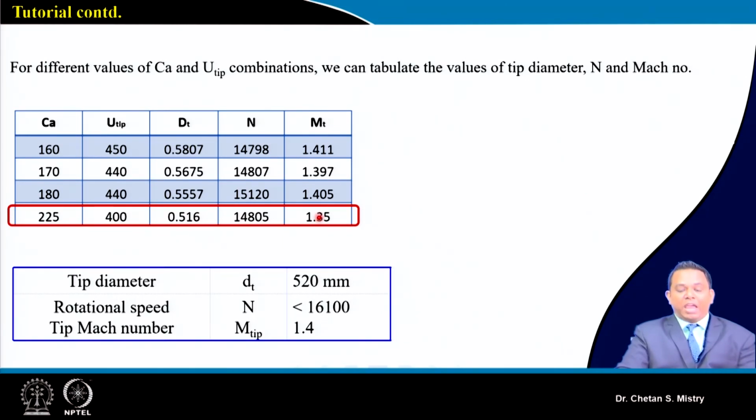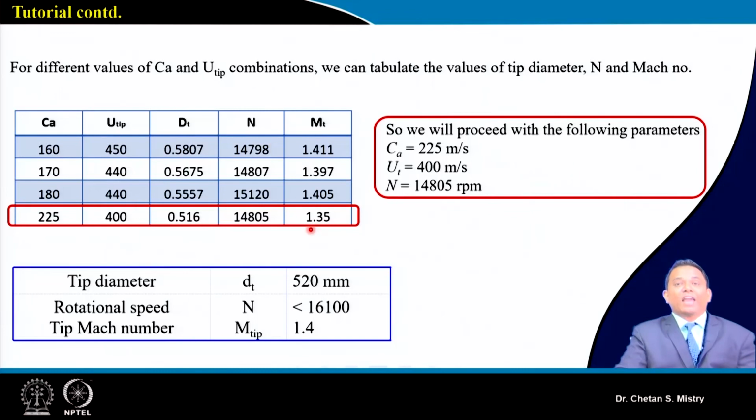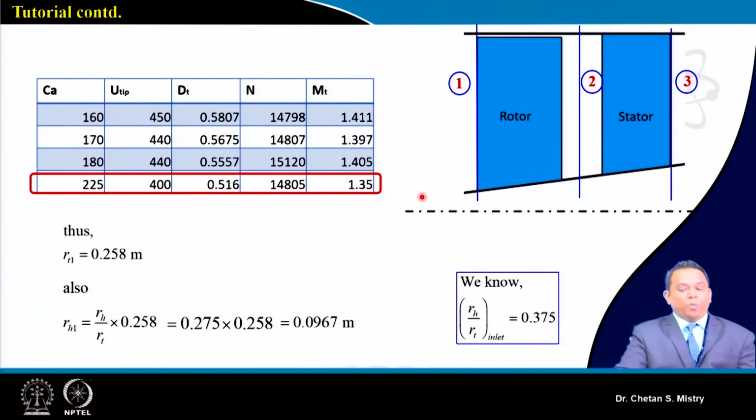At the same time, this gives us our tip Mach number less than 1.4, it is coming 1.35. So for our calculation, we will be selecting these numbers.